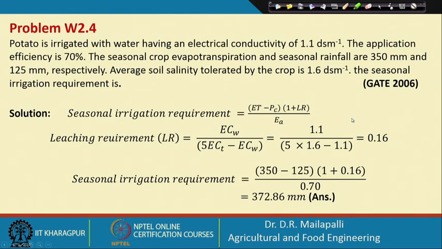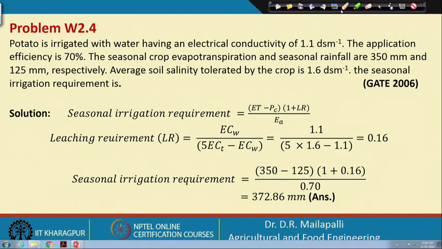And the fourth example, if you look at it. Here we are looking at a potato crop irrigated with water having an electrical conductivity of 1.1 decisiemens per meter. Siemens is the unit of measurement, so this is decisiemens.